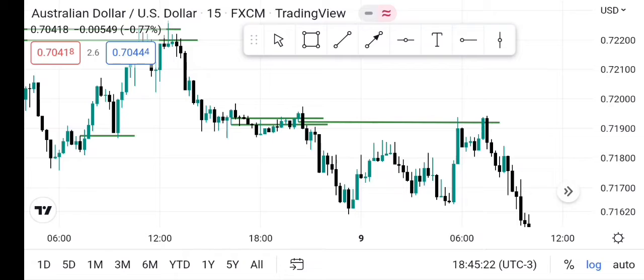And folks, this is exactly how you're going to use your swing highs and swing lows. Whenever there is a break of market structure, whether bullish or bearish, when price returns to the high of the candle that makes the swing low, which is the bearish candle, you are going to be a buyer.